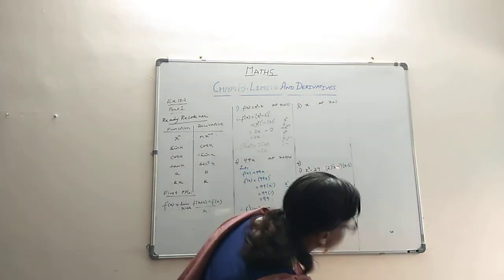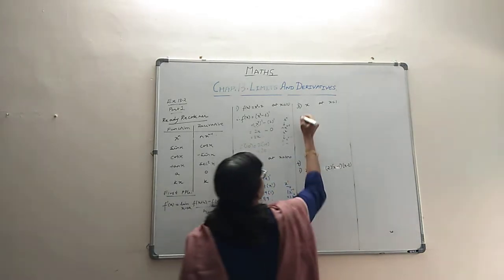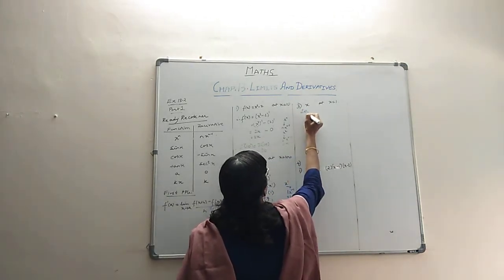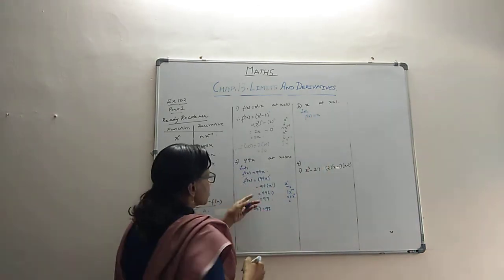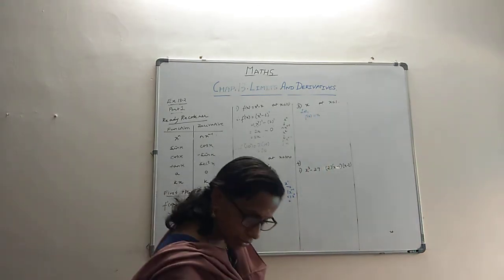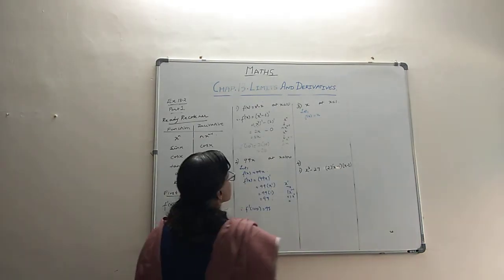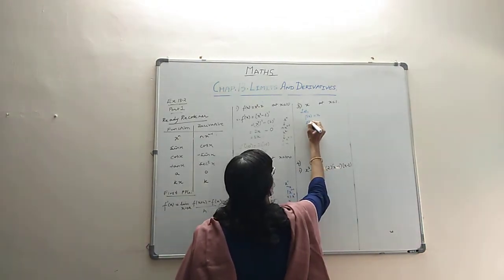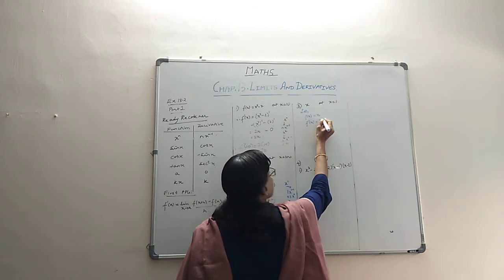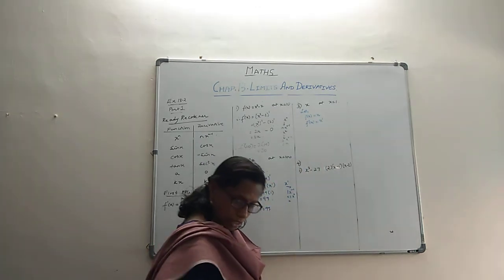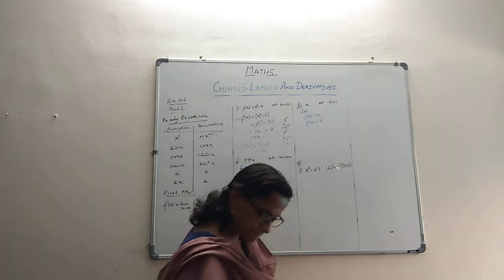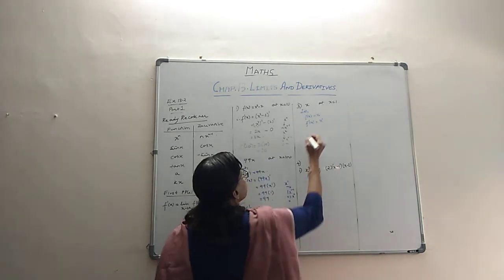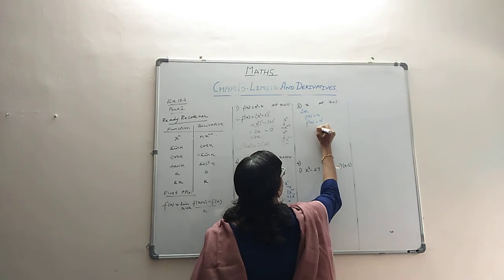It says that f of x is x. So let f of x be x. This we have already found out, but maybe we can do it once again. So f dash x will be the derivative of x, and that will be n x raised to n minus 1.